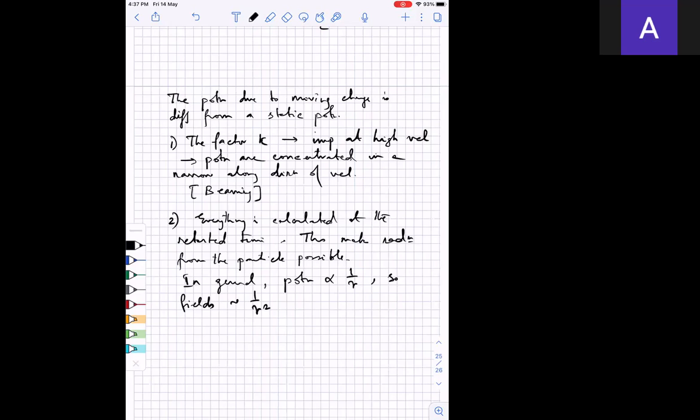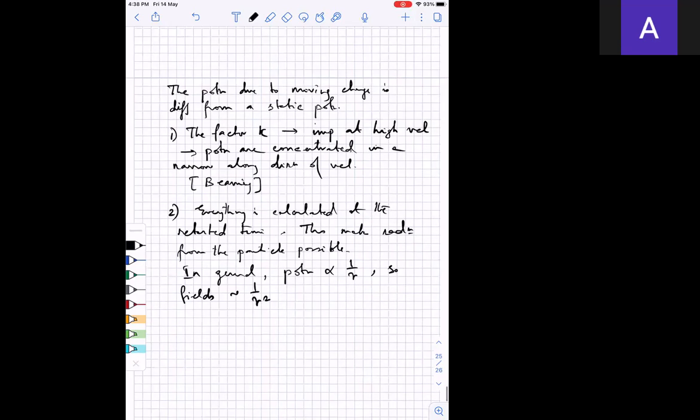However, if you look at the equation for the E and B, I'll write it down soon, you will see this differentiation with respect to this 1 by r factor at this retarded time gives you an extra 1 by r factor. So over here, due to the retarded time, we have an extra 1 by r factor.